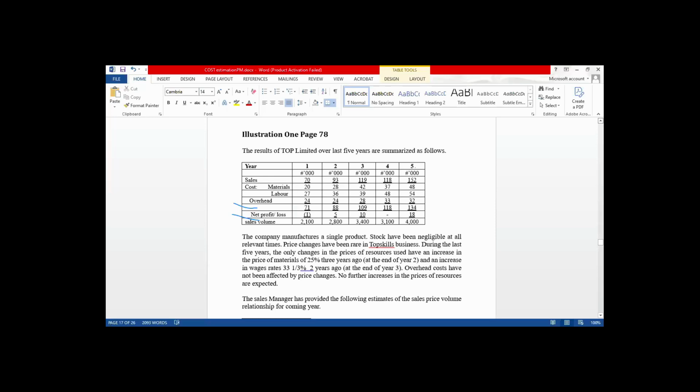During the last 5 years, now please listen to this, the only changes in the prices of resources used have been an increase.